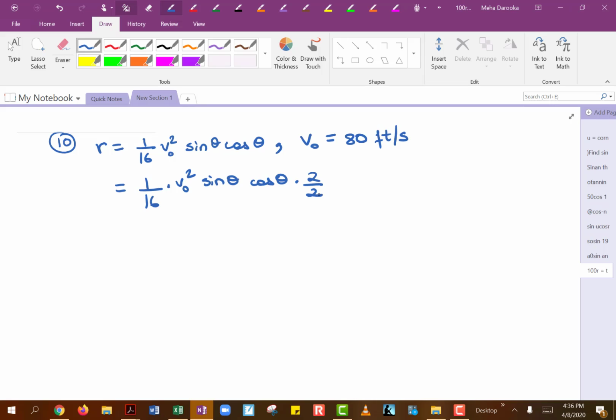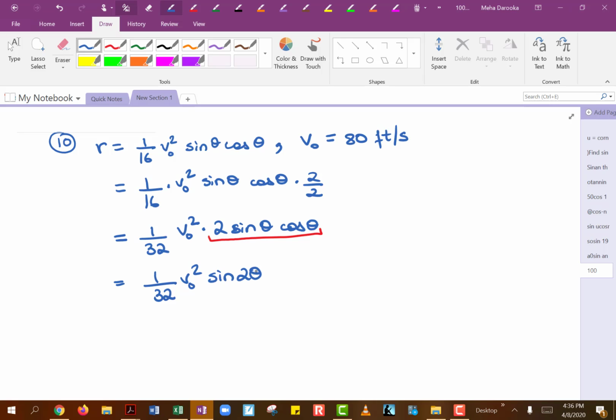So we'll multiply both numerator and denominator by 2. So you will end up getting 1 over 32 just like we had in example 10. And then this will become 2 times sine theta cosine theta. And this one here we can write using our double angle formula. So you end up getting 1 over 32 v sub 0 squared times sine of 2 theta.